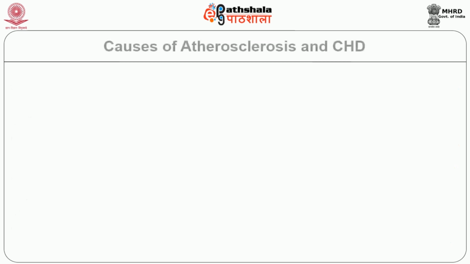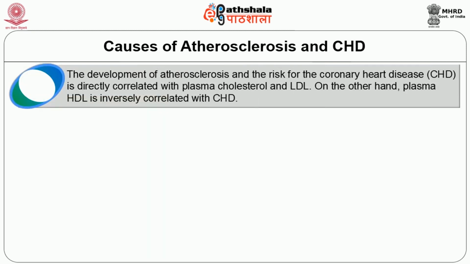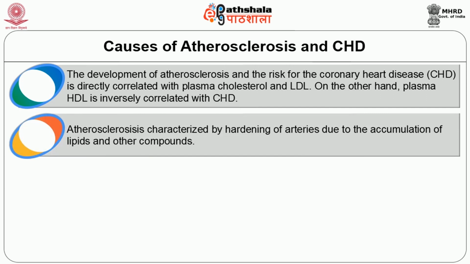What are the causes of atherosclerosis and coronary heart disease? The development of atherosclerosis and the risk for coronary heart disease is directly correlated with plasma cholesterol and LDL. On the other hand, plasma HDL is inversely correlated with CHD. Atherosclerosis is characterized by hardening of arteries due to the accumulation of lipids and other compounds.